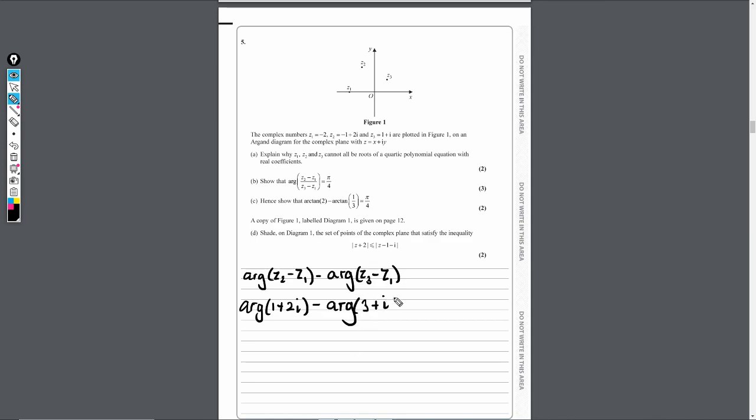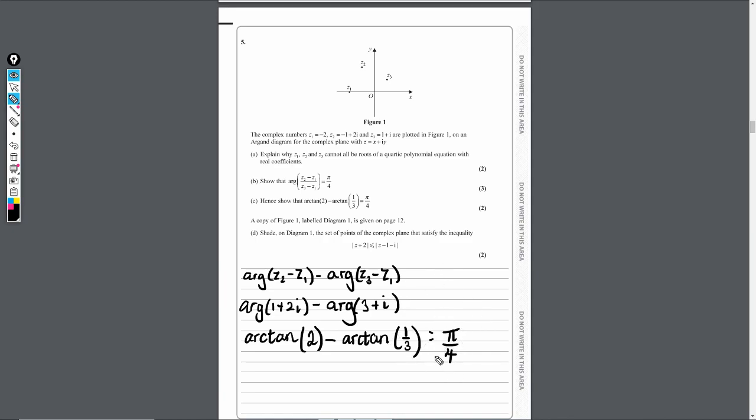Taking the inverse tan of both of these, that'll clearly be 2 over 1, so arctan of 2, minus arctan of 1 over 3. Notice this gives us exactly what we've done already, so this is pi over 4. So that's just a little follow-up from part B.